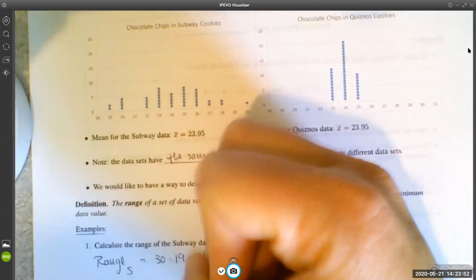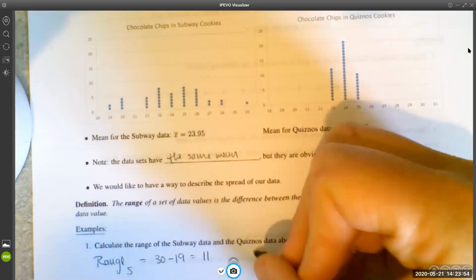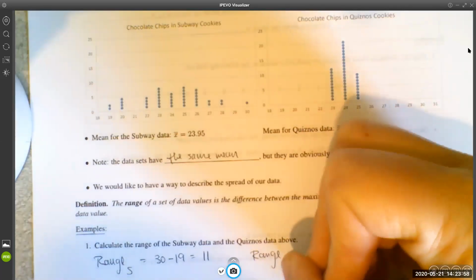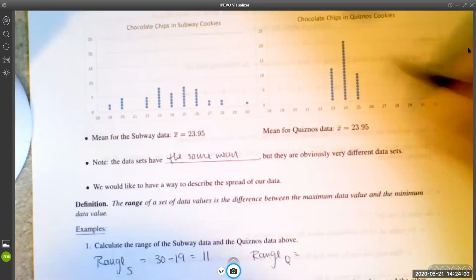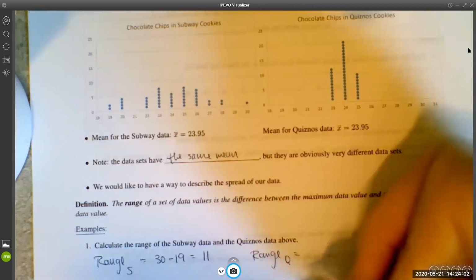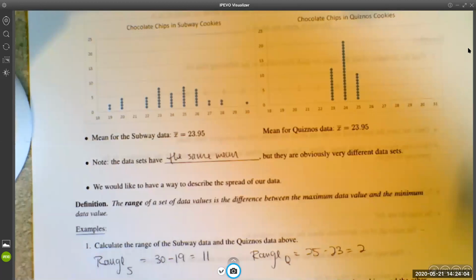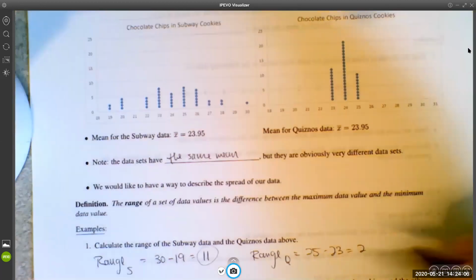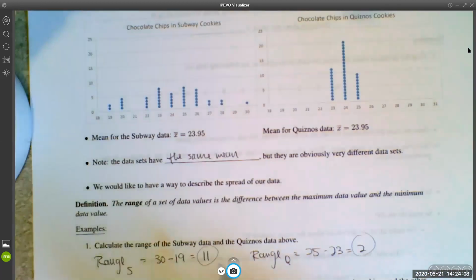Whereas the range of the Quiznos data is 25 minus 23, which is 2. Looking at that, you say, this is a clear indication that the Subway data is more spread out than the Quiznos data.